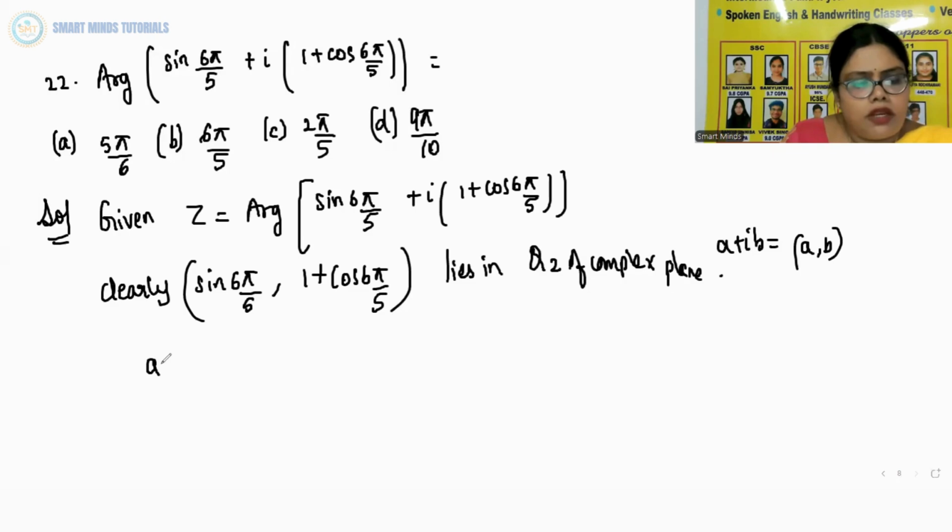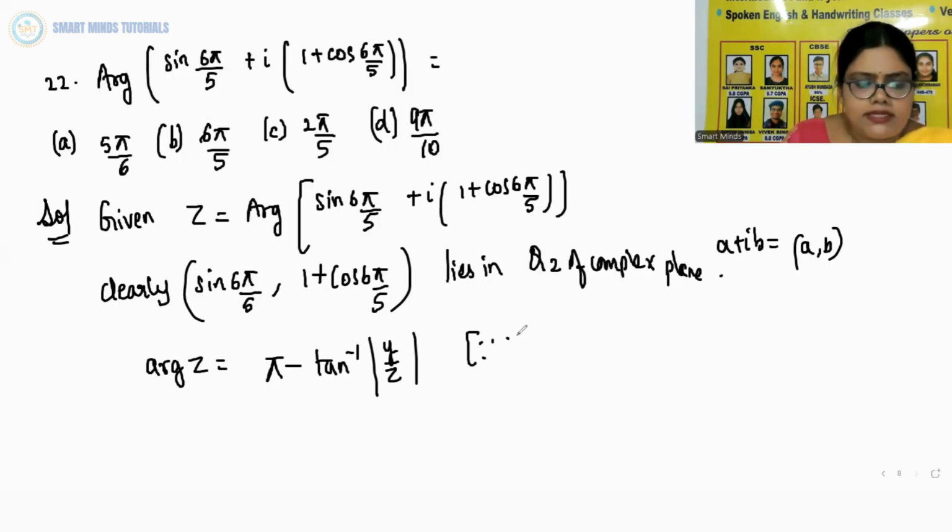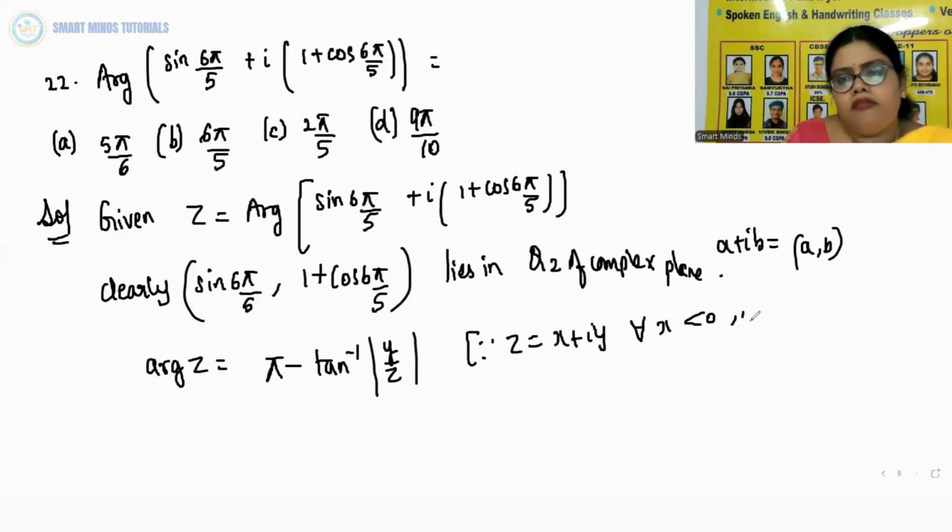So what is the argument? Argument of z, if it lies in the second quadrant, is pi minus tan inverse mod y by x, since z is equal to x plus iy, for x negative and y greater than or equal to 0.